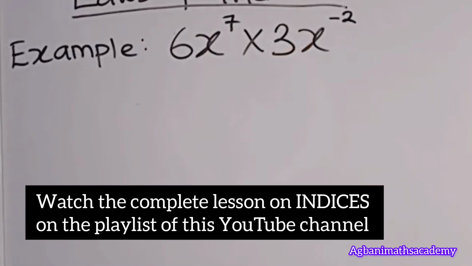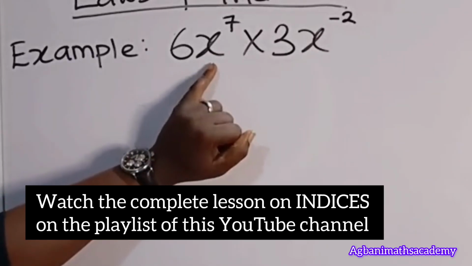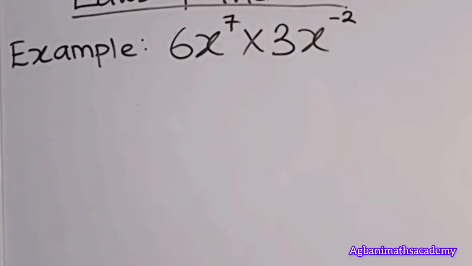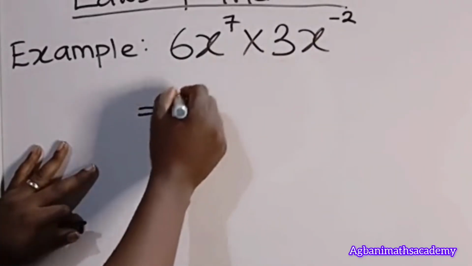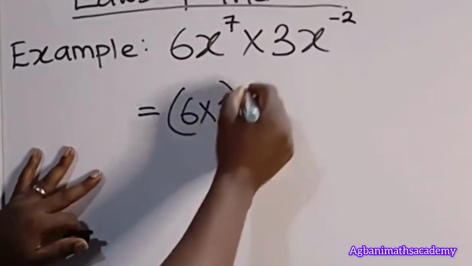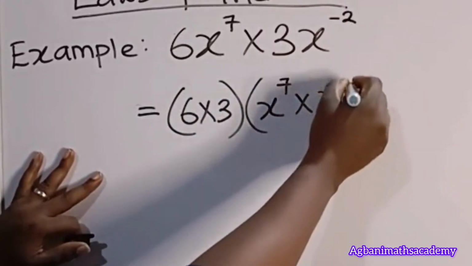So first thing we identify is the variables. You can see here the variable is x, here the variable is x. So we can work on the law of addition. So let's separate the numbers, the coefficients. 6 multiplied by 3 in one bracket, and then we'll have x to the power of 7 multiplied by x to the power of minus 2.